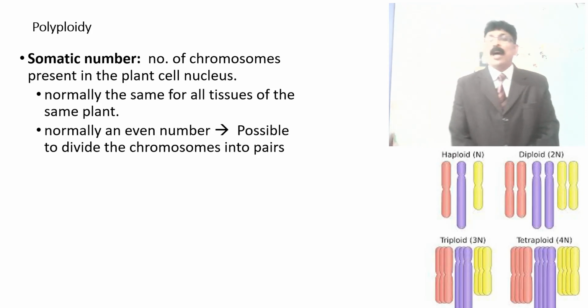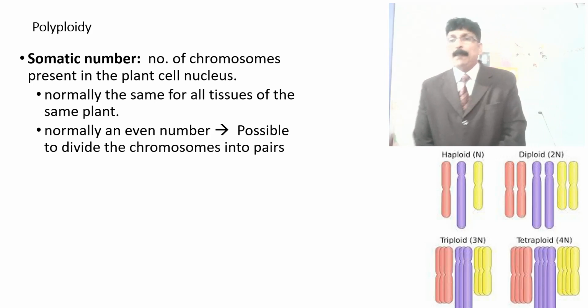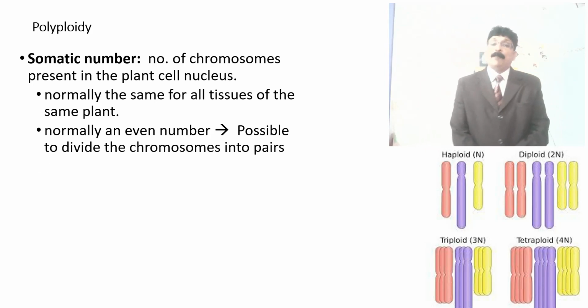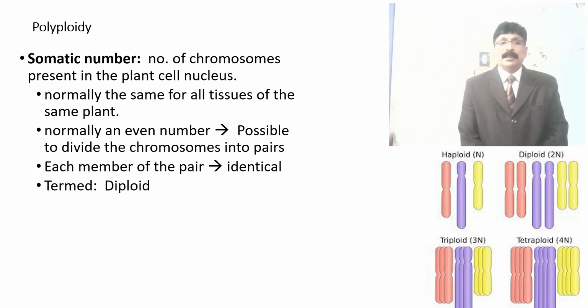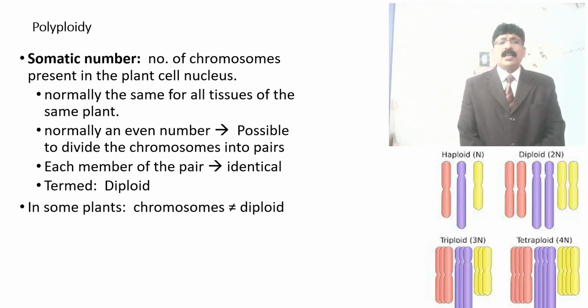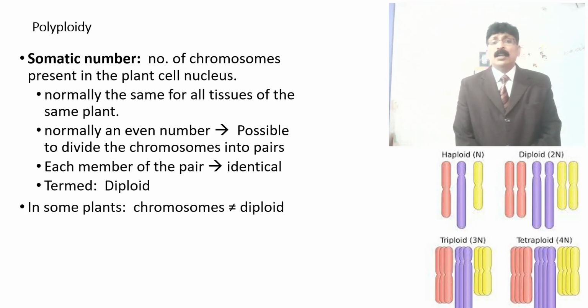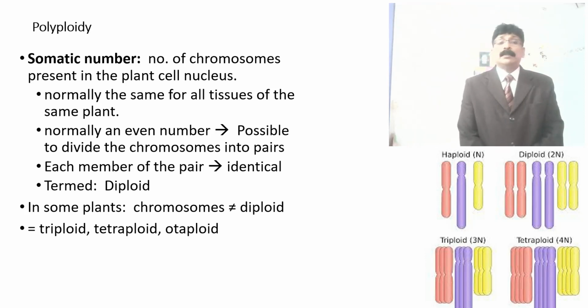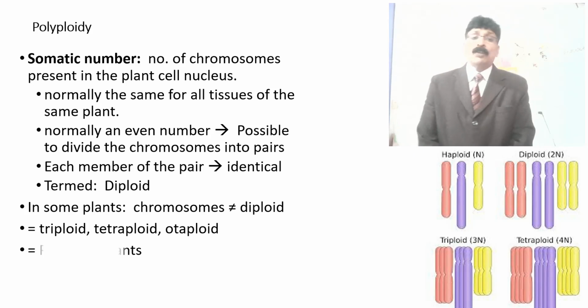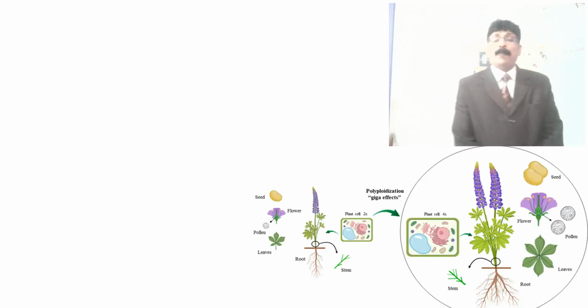So haploid, single, diploid, triploid and tetraploid, and polyploid also, each number of pairs being identical. Term diploid; in some plants chromosomes are not equal to diploid, so triploid, tetraploid, octoploid, polyploid plants.